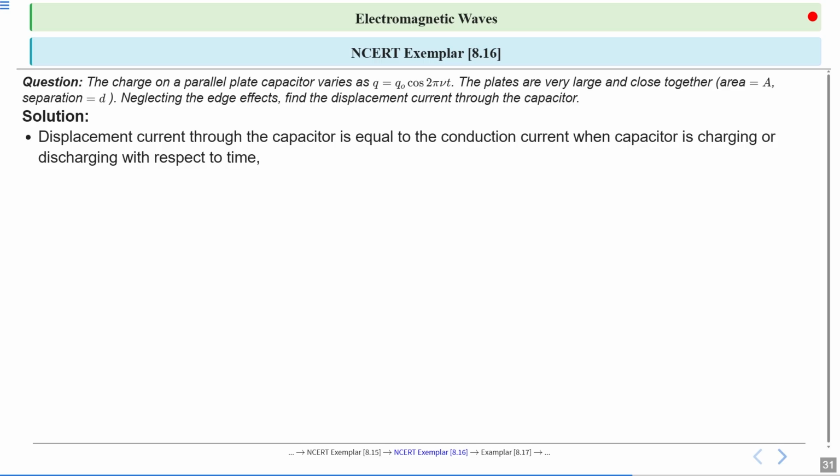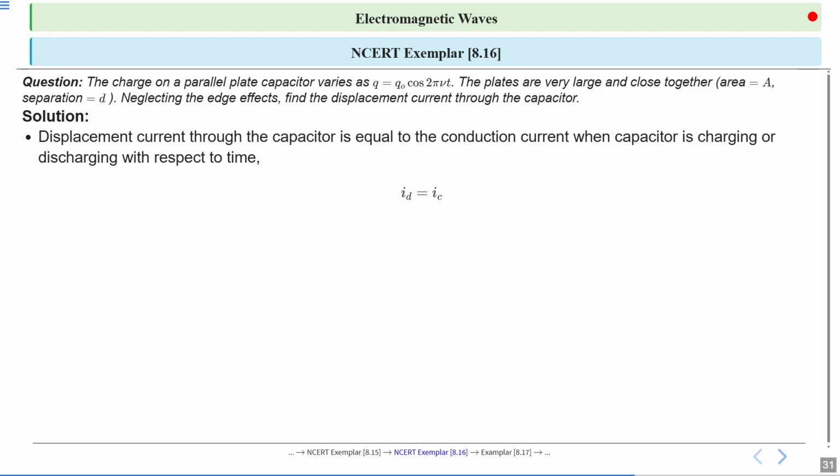In one quarter cycle charging happens, in another quarter cycle discharging happens, due to which displacement current exists within the plates of the capacitor. Because the electric field within the plates of the capacitor changes due to the change in charge on the capacitor plates.